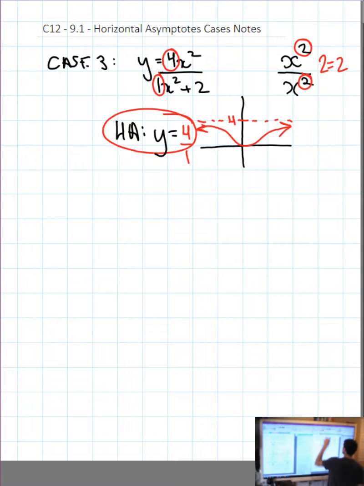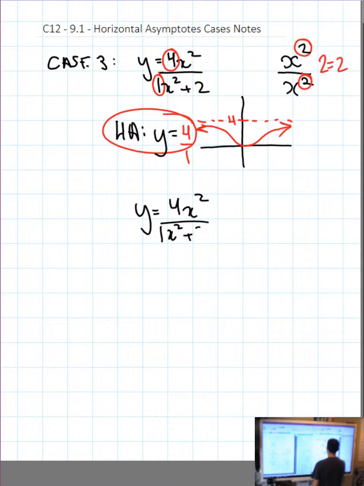So again, case 3 modified. What if we have y equals 4x squared over 1x squared plus 2? The same question as before, but now we move this graph up 1. Well, we used to have a horizontal asymptote at y equals 4.